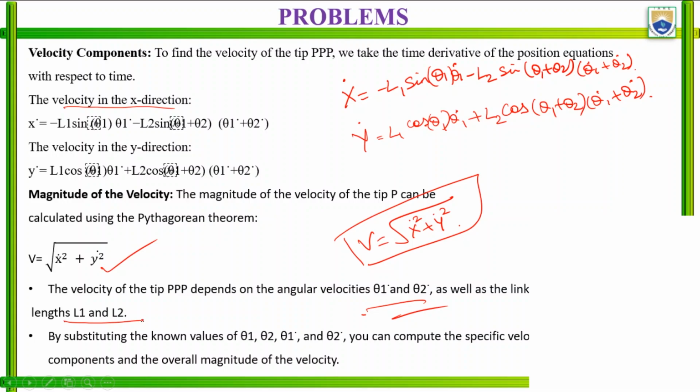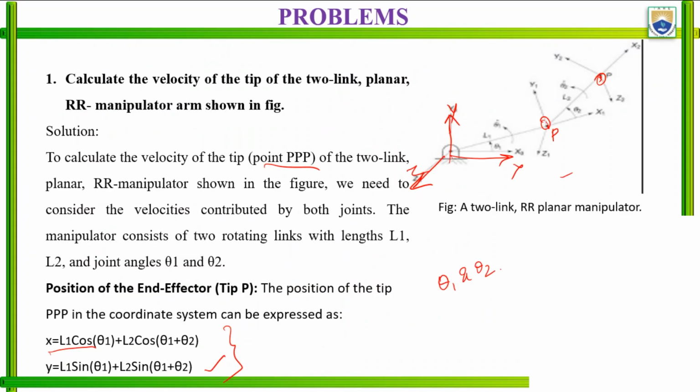By substituting the values of θ1, θ2, θ1 dot and θ2 dot, we can compute the overall magnitude of the velocity. This is a general calculation for finding the velocity when different links are given.